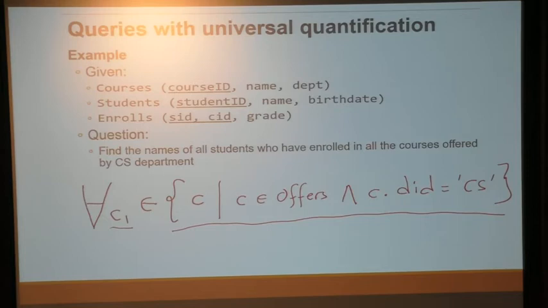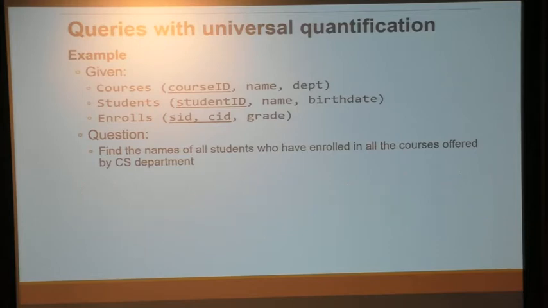And then given a particular C1, you want to figure out the student, or enrolls is actually CID. I do have the relations up there. Okay, so let me create a set more formally. You have the course here, there's a department here, enrolls here. So to create the set: C such that C is in courses and C dot department is equal to CS.